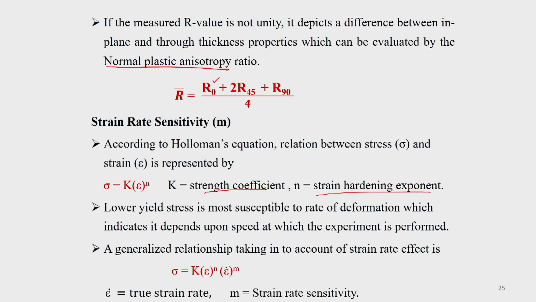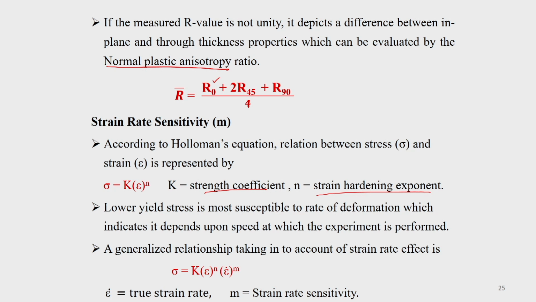Now, if the material has lower yield strength, then it is susceptible to rate of deformation, which indicates it depends upon the speed at which the experiment is performed. If you are doing it at a very high speed, you will find a difference in the flow stress. At a higher strain rate, you may end up with a higher flow stress, and that will be different for each material.